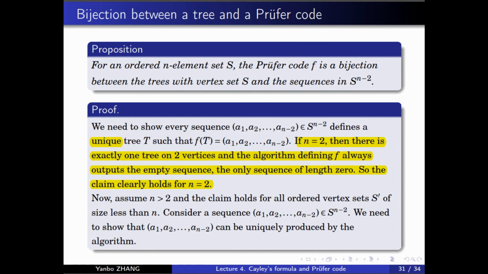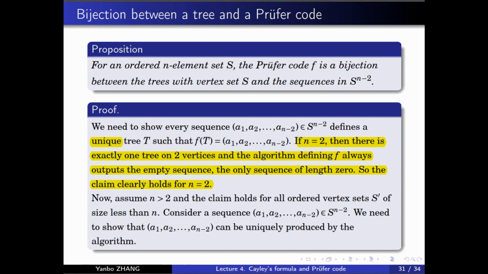Now assume n is larger than 2, and the claim holds for all ordered vertex sets S prime of size less than n. Consider a sequence a1, a2 up to a(n-2) in S with exponent n-2.